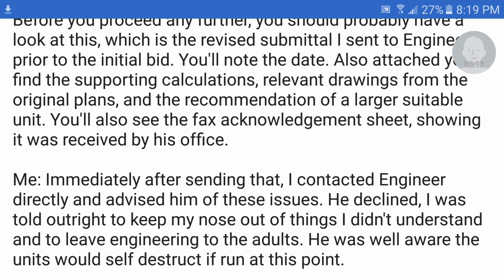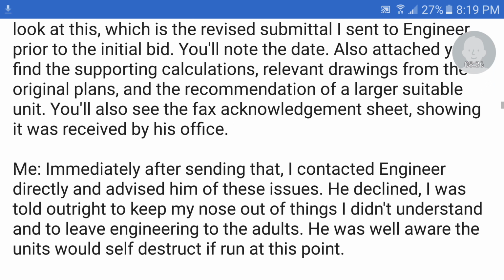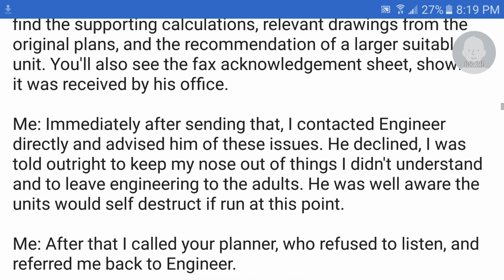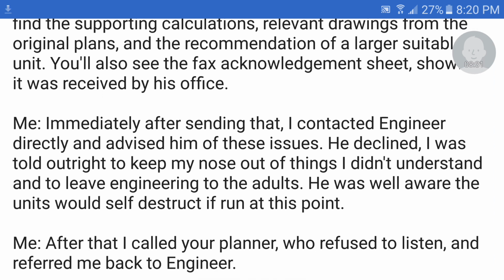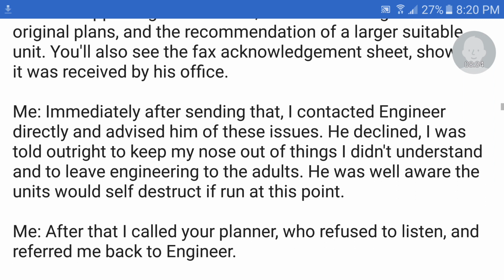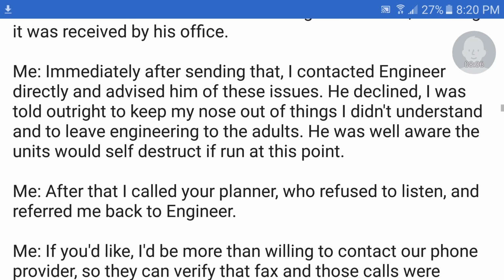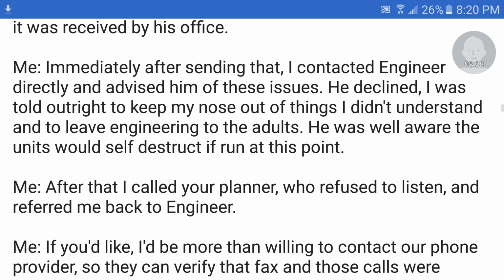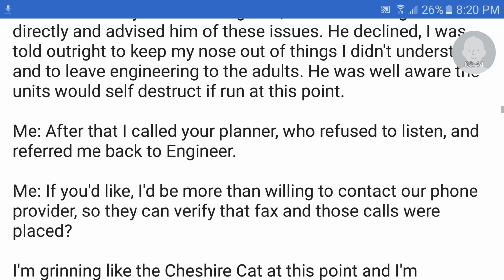I was told outright to keep my nose out of things I didn't understand and to leave engineering to the adults. He was well aware the units would self-destruct if run at this point. After that I called your planner, who refused to listen, and referred me back to the engineer. If you'd like, I'd be more than willing to contact our phone provider, so they can verify that fax and those calls were placed.